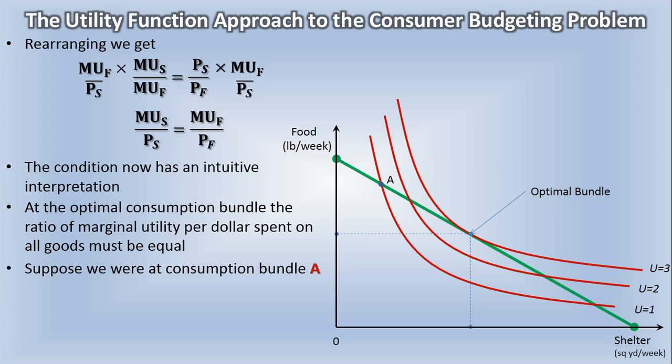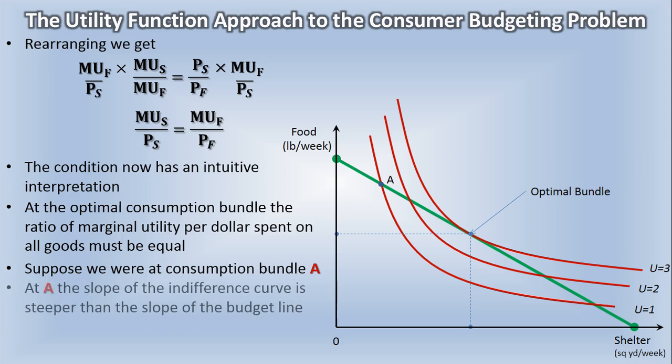Suppose we were at consumption bundle A. At consumption bundle A, we see that the marginal rate of substitution is bigger than the slope of the budget constraint. So our expression here is greater than this expression, right? The marginal rate of substitution is greater than the market rate of substitution, which is another way of talking about the slope of the budget line.